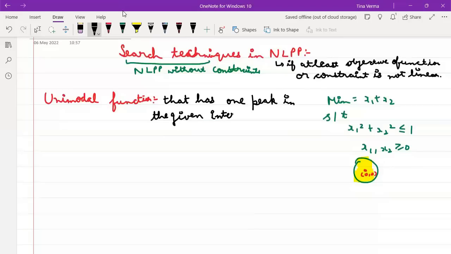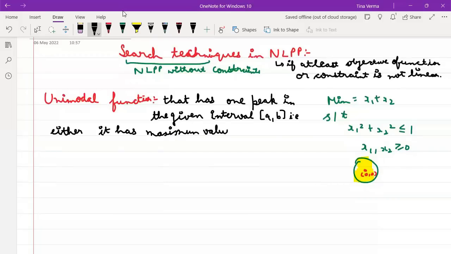In the given interval AB, it has either a maximum value or a minimum value in the given interval AB. When you talk about your approximate solution, maybe when you talk about that interval in which you are finding the solution.